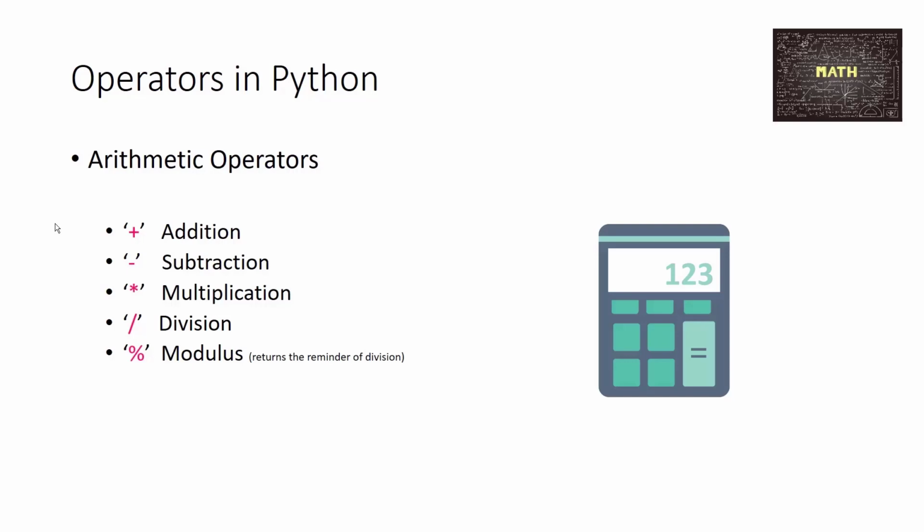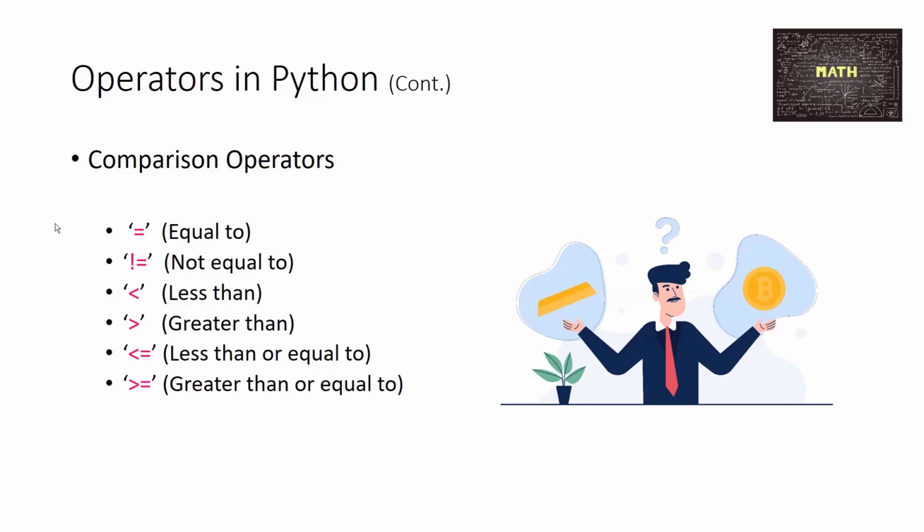Arithmetic operators. These operators perform math operations like addition, subtraction, multiplication, division, finding the remainder, and of course, exponentiation. Comparison operators. These operators are used to compare values and return Boolean results. That means true or false.